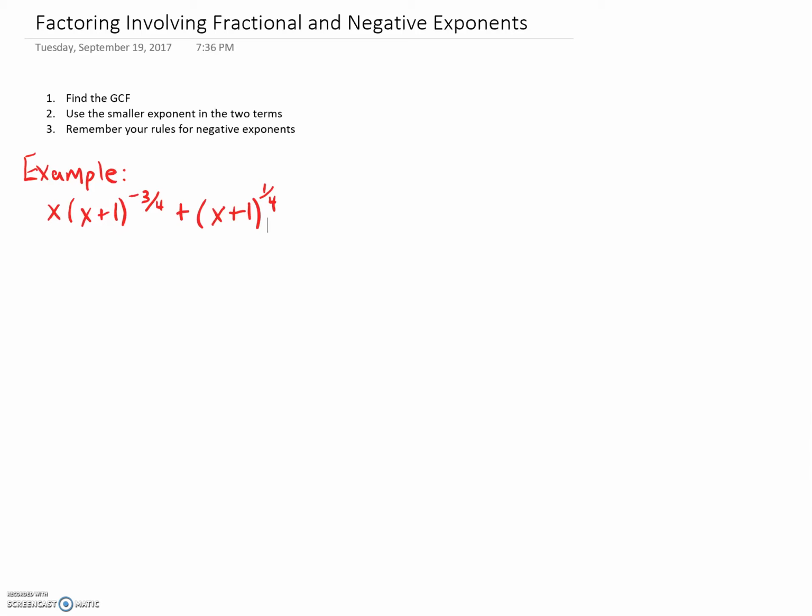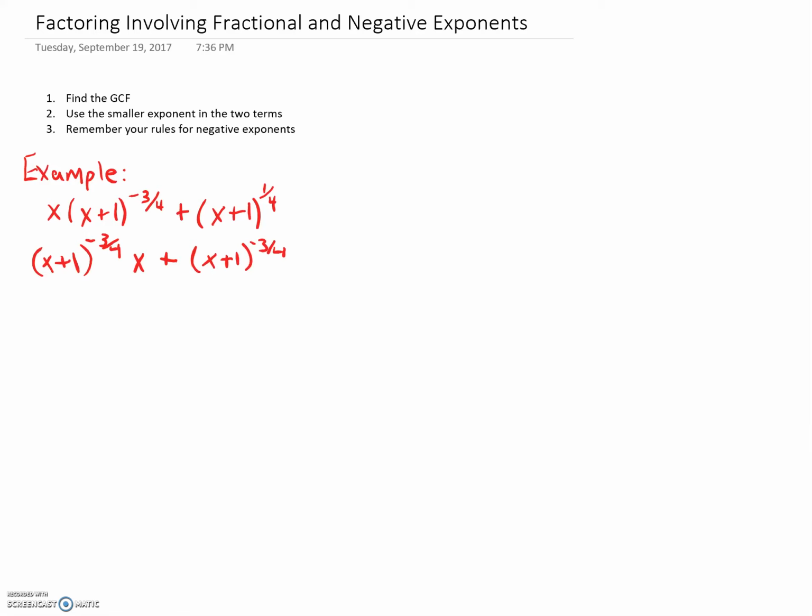So if we look at this example, we can already see that the greatest common factor is x plus 1. Now, we're going to use negative 3/4 as our exponent, and I'll show you why in a minute. So we're going to use that, and we're going to multiply that by x, and the other one is still x plus 1. That's going to be the greatest common factor, to the negative 3/4.